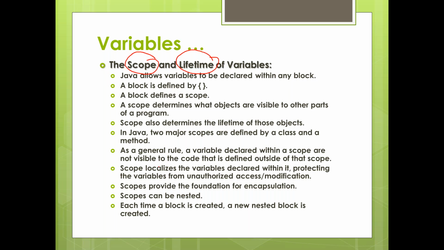So in Java, what happens? We can declare variables within any block. We already know, from one of our sessions, about code blocks. How do we define code blocks?